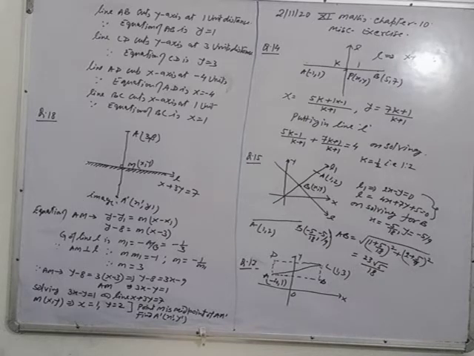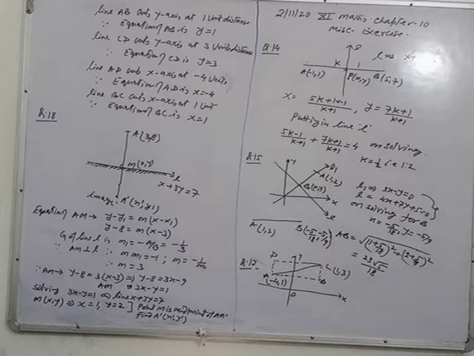Clear? So for the AB distance, this is not a perpendicular distance, first find the coordinates of point B by solving equations L and L1. How to solve two equations, you know. After solving you will get x is minus 5 by 18 and y is minus 5 by 9.